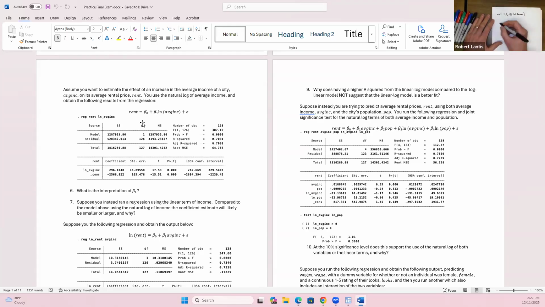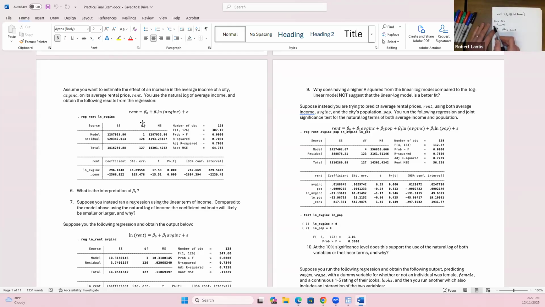Right? So the general form, if I've got this linear-log model, when I take the natural log, essentially what does that change the units of this x variable to? Percentages, right? So now a 1% change in income is going to cause the predicted value of rent to go up or down by beta 1. However, if I'm going from a percentage to a linear term, I said you can think of linear terms as what? Not percentages, but proportions or probabilities, right?